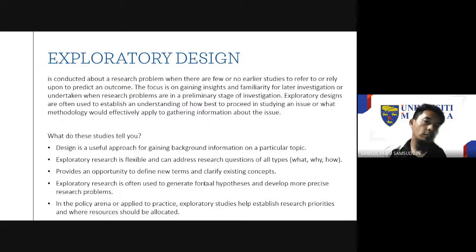Okay, so what does this study tell you? Exploratory design is a useful approach for gaining background information on a particular topic. So if you want to know the background information on a specific topic, this kind of research design is suitable for your research.